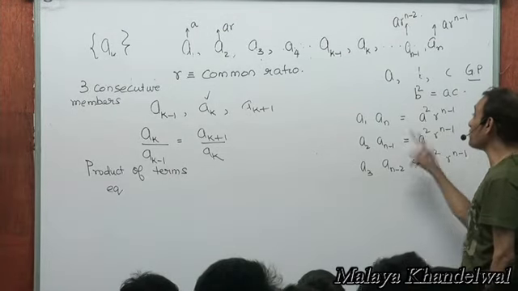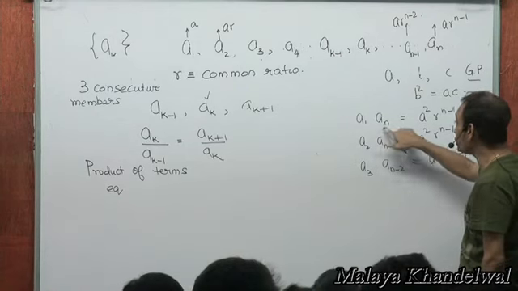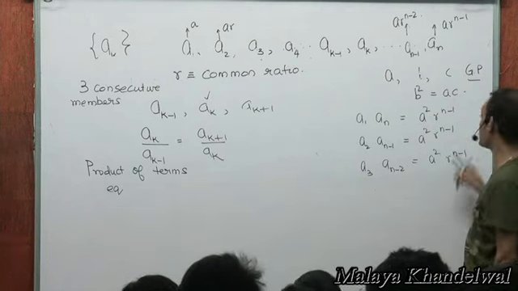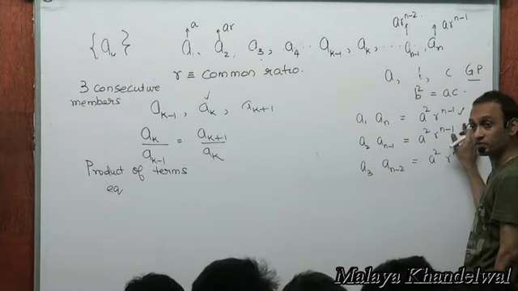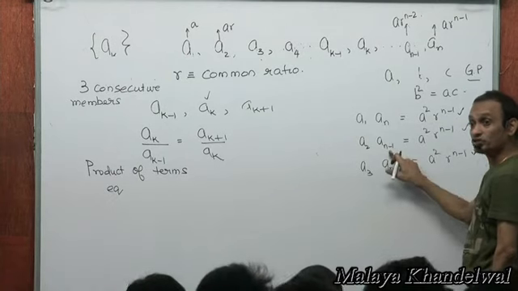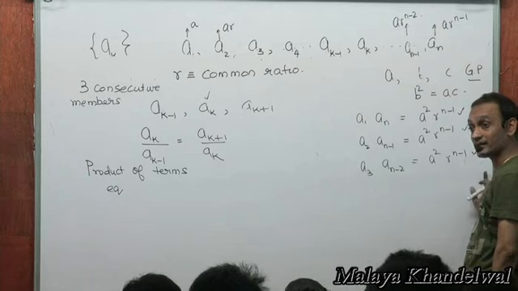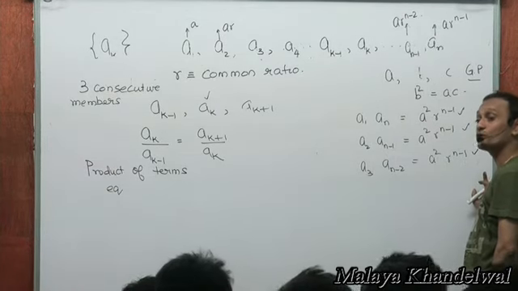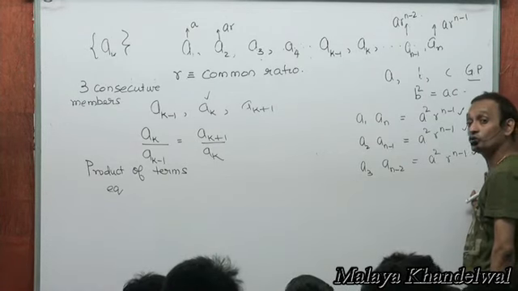In an AP, sum of terms equidistant from the beginning and end is a constant. In a GP, product of terms equidistant from the beginning and end is a constant. Do you realize it's the same value? First term into last term is this value. Second term into second last term is the same value. Third term into third last term is the same value. So in a GP series, product of terms equidistant from the beginning and end is a constant.